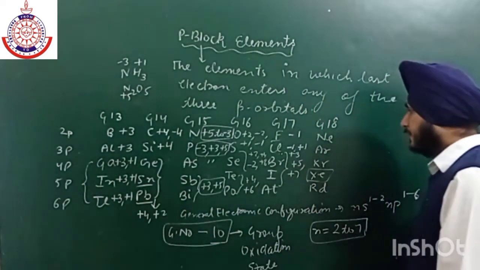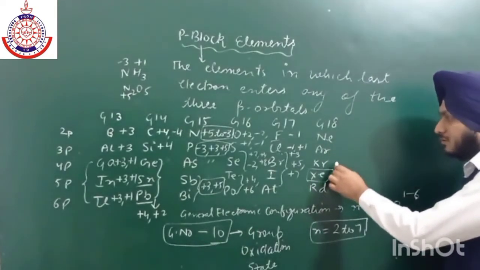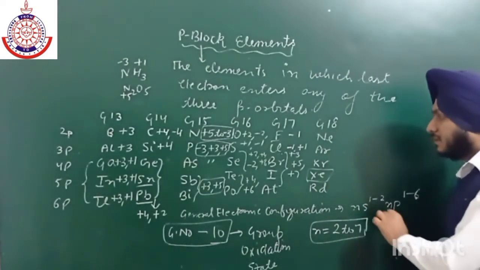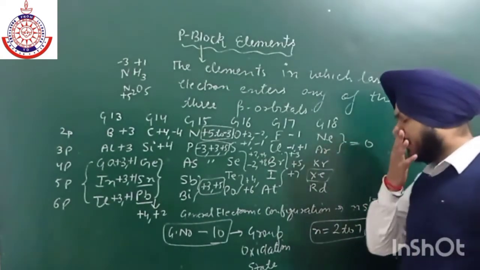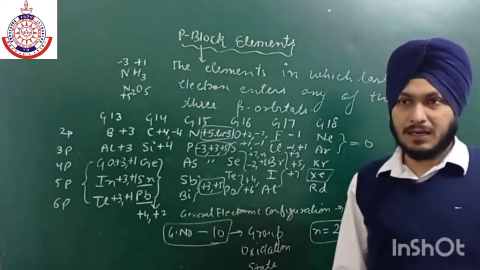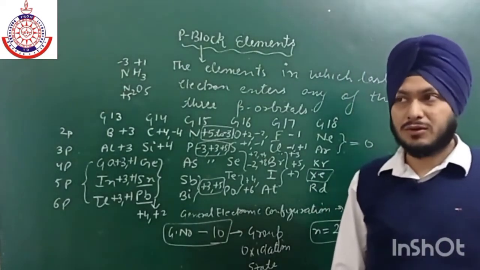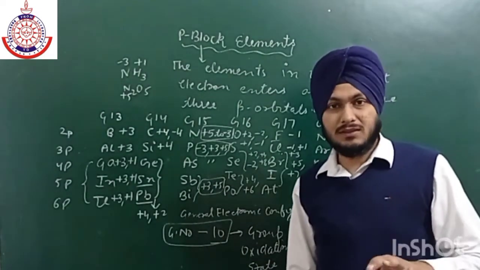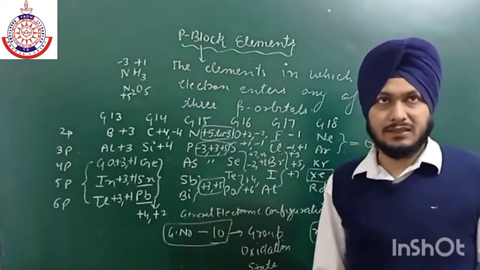Now if we talk about neon, argon, krypton, xenon. So the oxidation number for these elements is 0 because they don't take part in bonding, because they are very stable and the ionization energy for these elements is very high, okay.